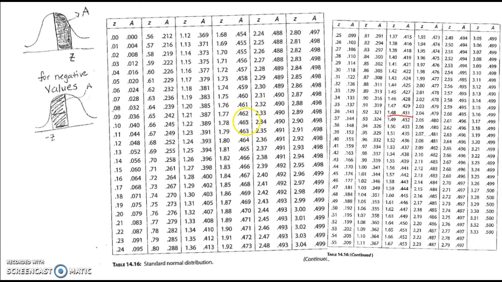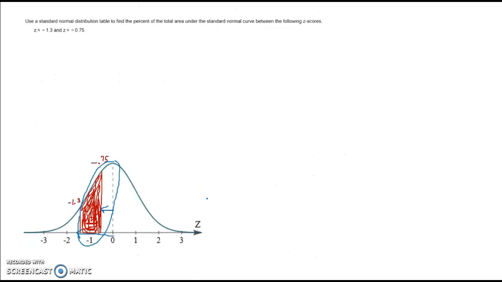Let me go to my chart. 1.30 is 0.403. That's what this whole area is.